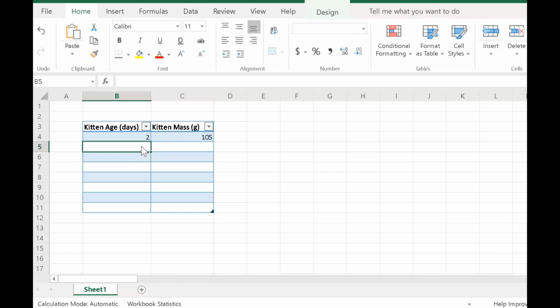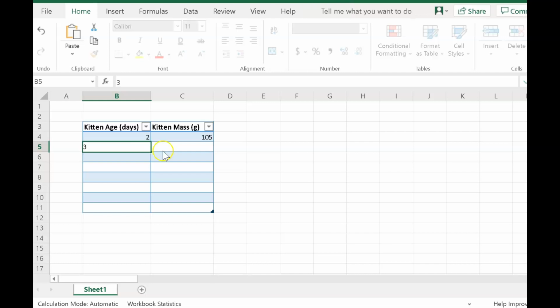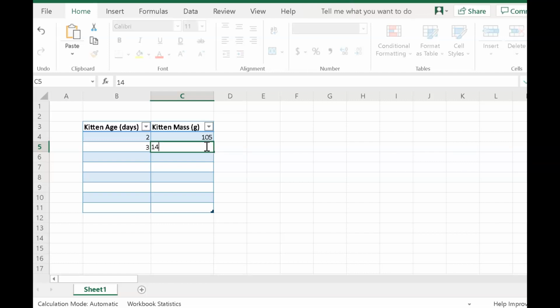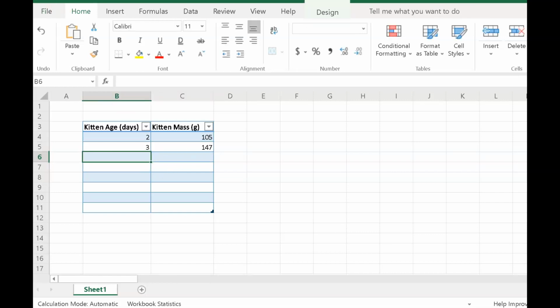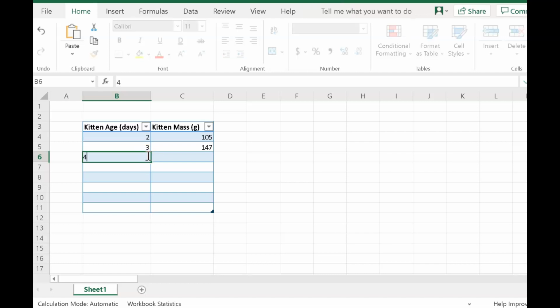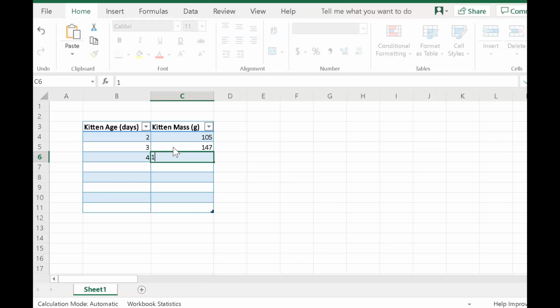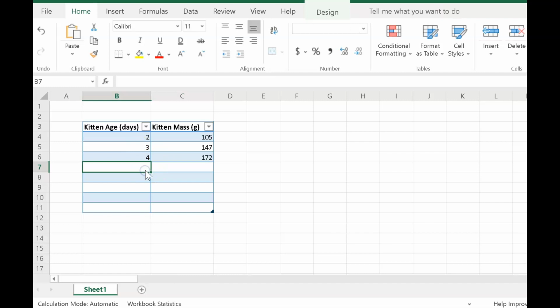My next measurement would be when the kitten was, for example, 3 days old, and when the kitten was 3 days old, the mass was 147 grams. The next measurement, for example, was 4 days old, and 172 grams was the mass.